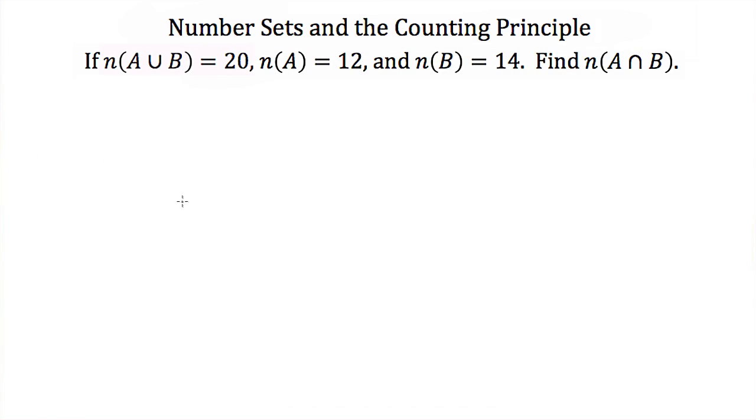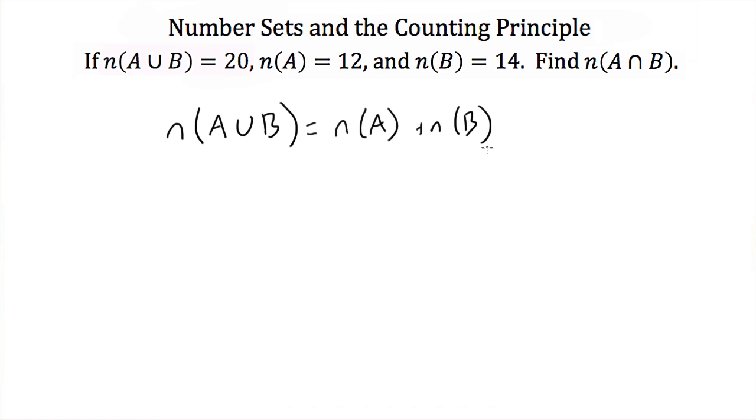Now frequently we'll be given different elements of this formula and asked to solve for the missing one. So if the number in the union of A and B is equal to the number of A plus the number from B minus the number from the intersection of A and B, well, if we're told that the union is 20, this should be equal to the number A, which we're also given, and the number B, which we're also given.